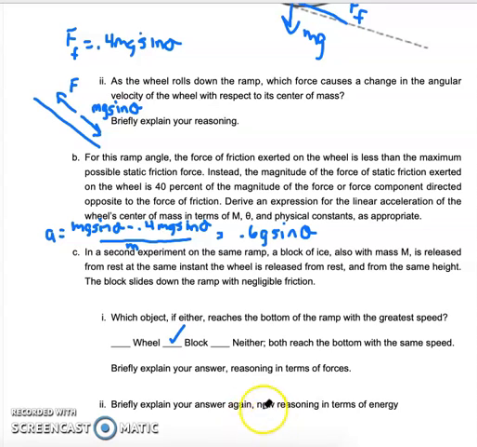In terms of energy, it's a little bit more involved, but it's basically the same argument we made before when we talked about sliding versus rolling. So you would say both the block and the wheel experience the same change in potential energy, therefore they both experience the same gain in kinetic energy.